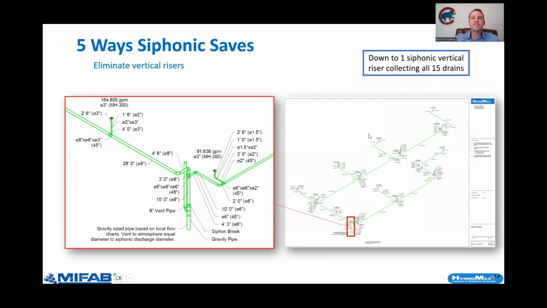Going with a siphonic system, we were able to route everything to one vertical location. And in this scenario, we only had about 13 feet of siphonic pipe, at which point it reverts back to gravity and they're running gravity through their building like they have every day of their life. Advantage though, 7 less vertical, they no longer have to worry about coordinating.